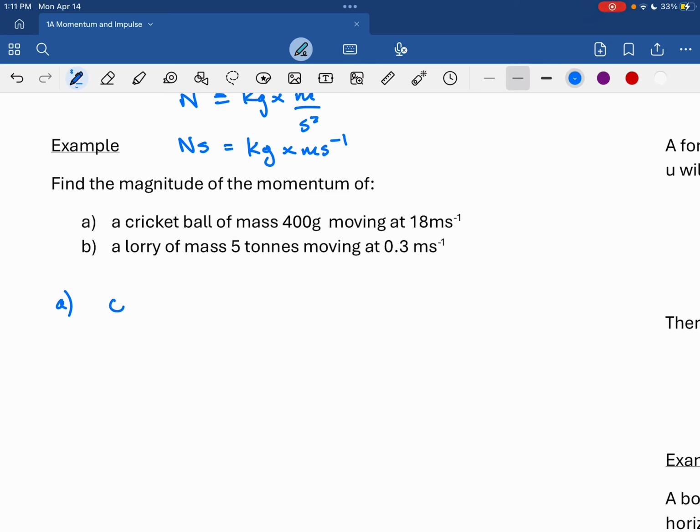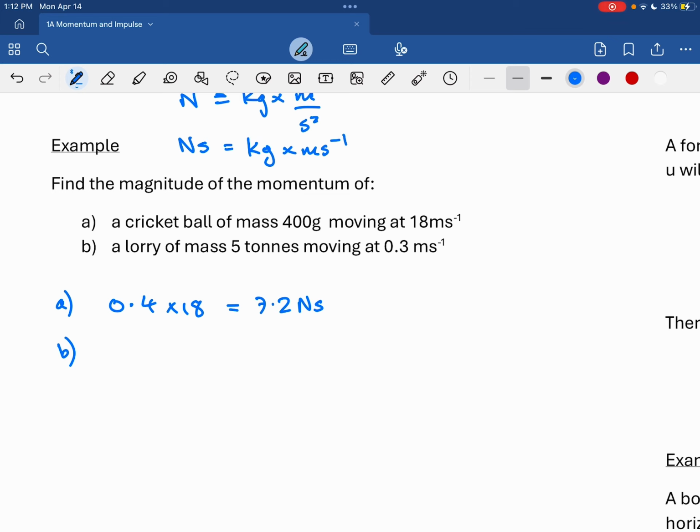So here we will just change that to 0.4 times 18 to give us a momentum of 7.2 Newton seconds.